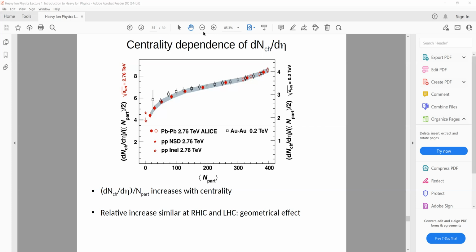But the latest result in ALICE, in Xe-Xe collision at 5.44 TeV, we have observed the breaking of the scaling. Means in the central collision, the multiplicity of xenon deviates from the scaling. So is that also a geometrical effect or is there any other physics?